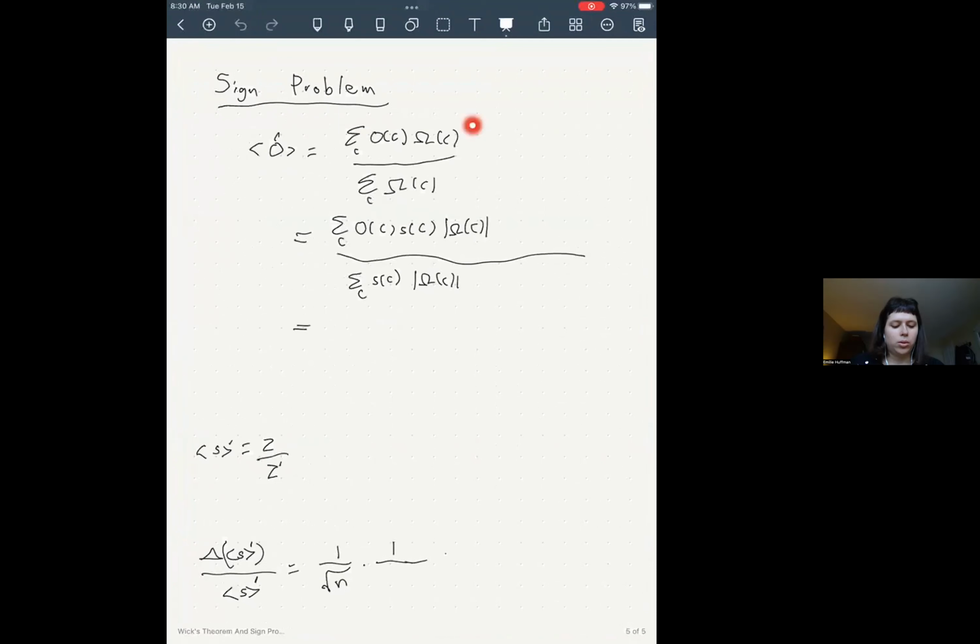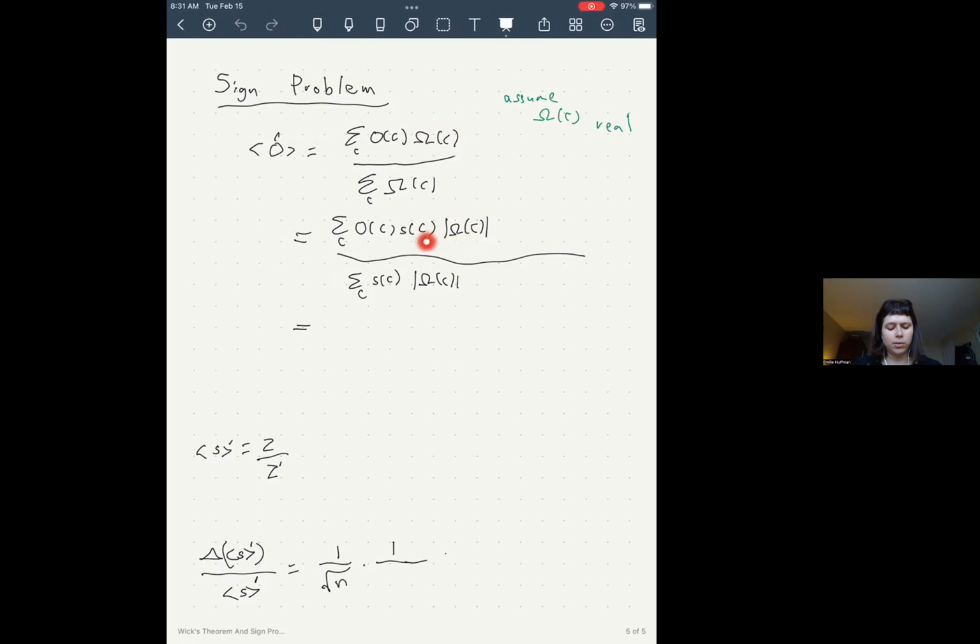Okay, so the numerator and the denominator are the same as before, this general expression. I am going to assume for this demonstration that omega is real. So instead of a phase problem, we're looking at a sign problem in particular. What I can do then is take this omega weight and rewrite it as its absolute value times its sign.